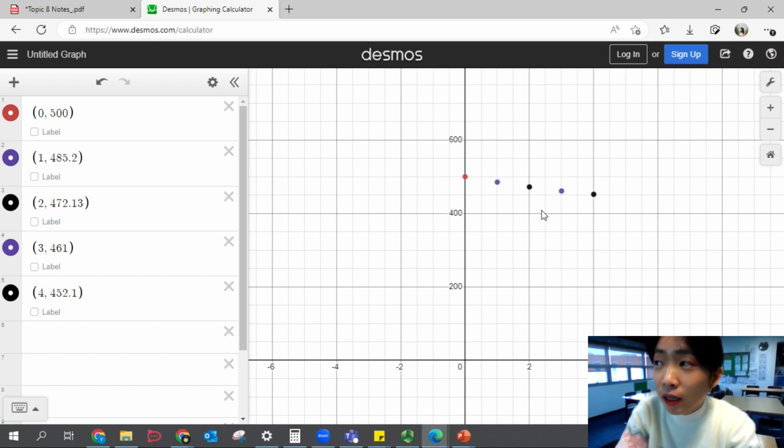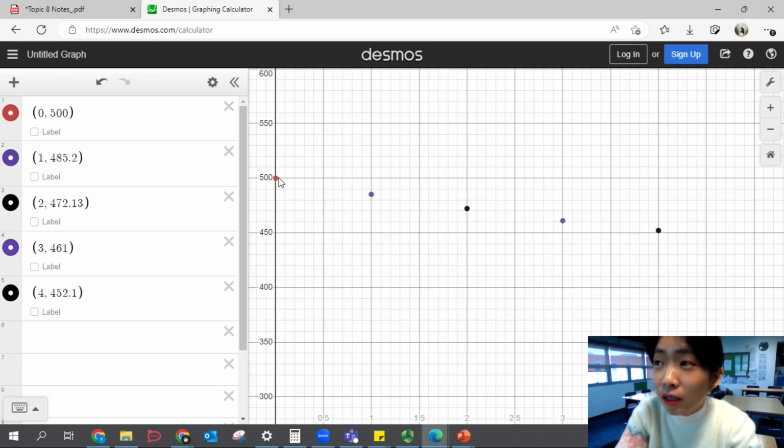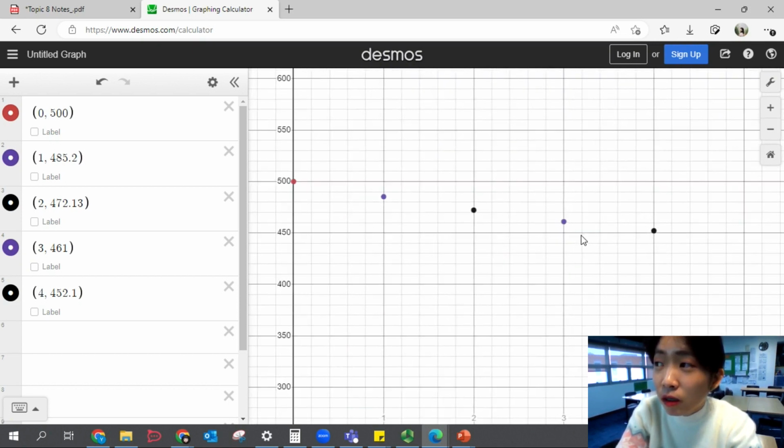So just by looking at these points, it looks like it's closer to a line. You see that? It looks like the points are decreasing at a constant rate instead of a curve, right? So if it were an exponential function, we would expect the points to decrease a lot faster than these points, right?